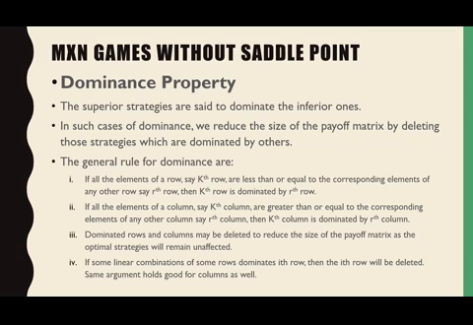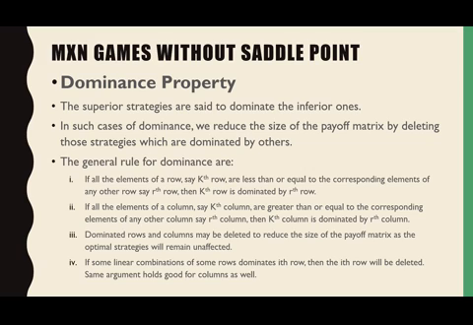That is the basic concept that we use in dominance property type of problems, or m cross n type of problems. So here, in such cases of dominance, we reduce the size of the payoff matrix by deleting those strategies which are dominated by others.